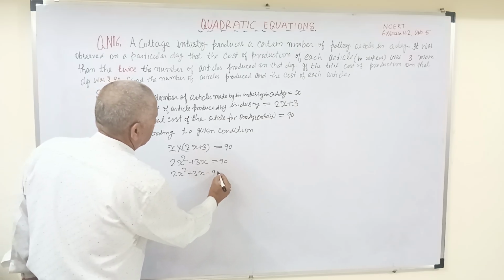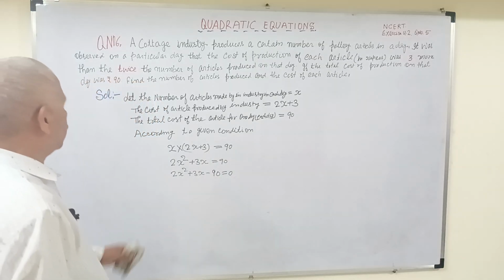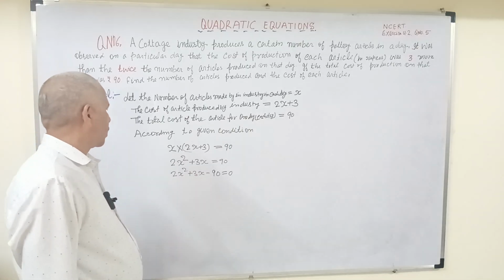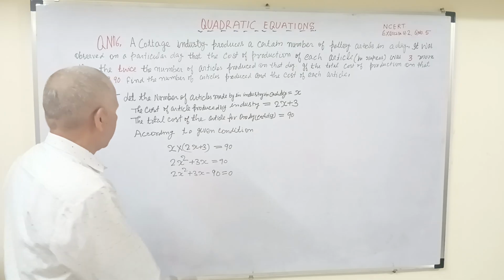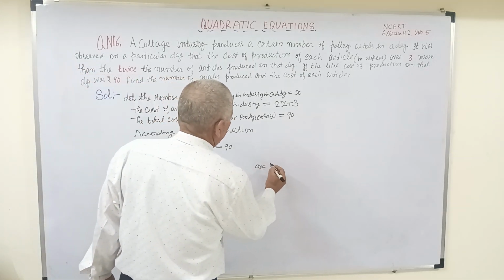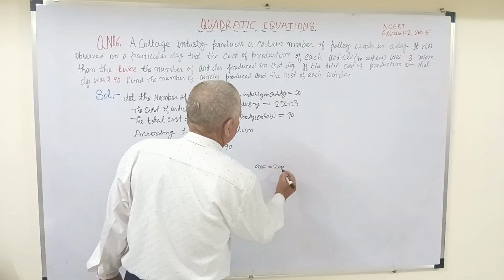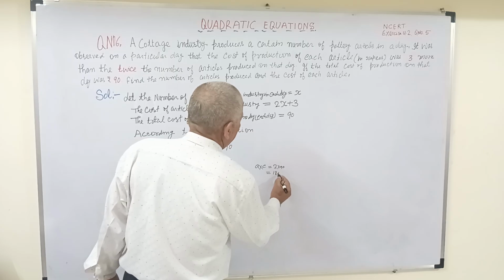Now I will solve the middle term, 3x, by splitting the middle term. a into c means 2 into 90, that will give us 180.